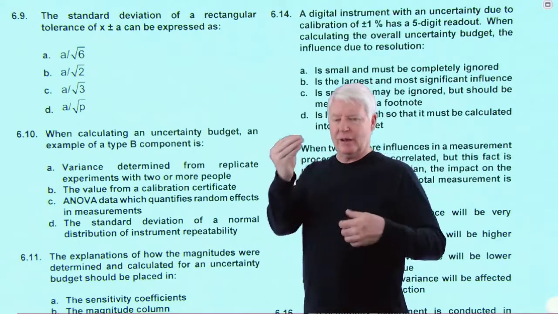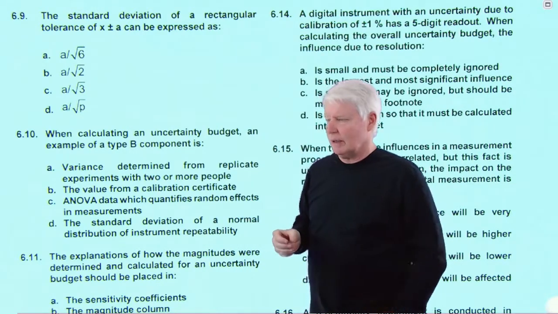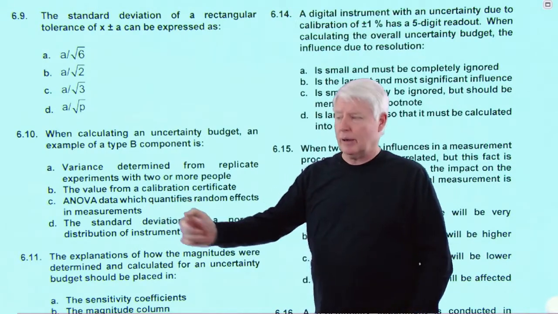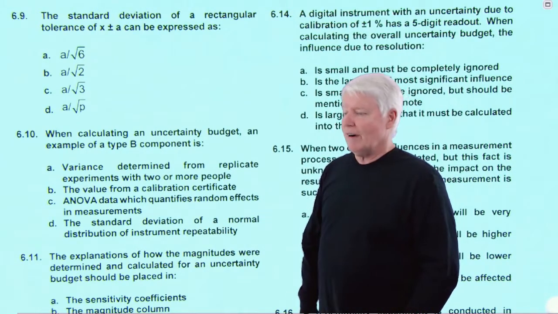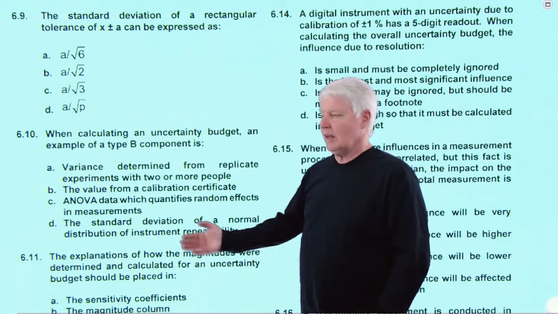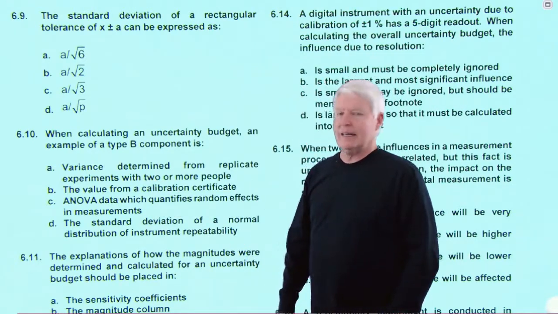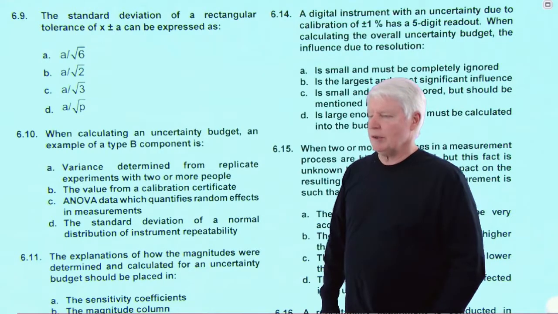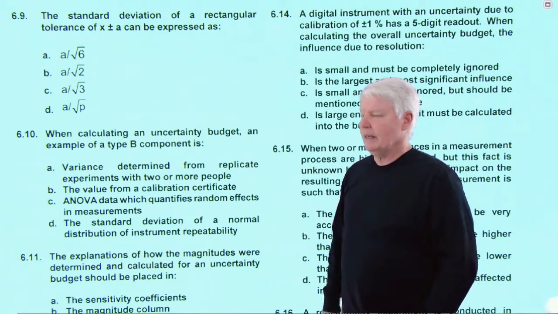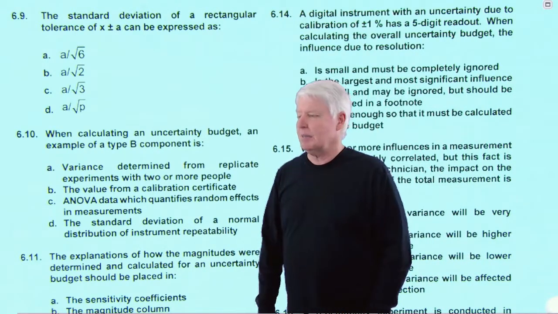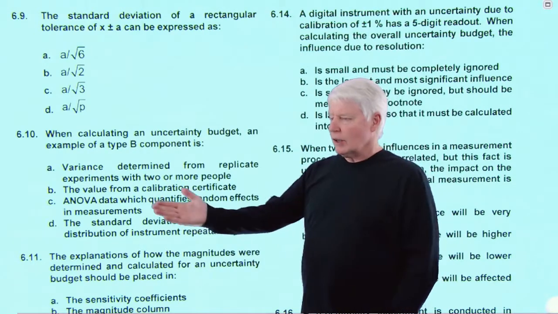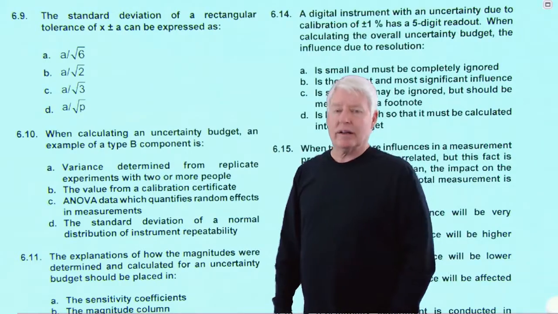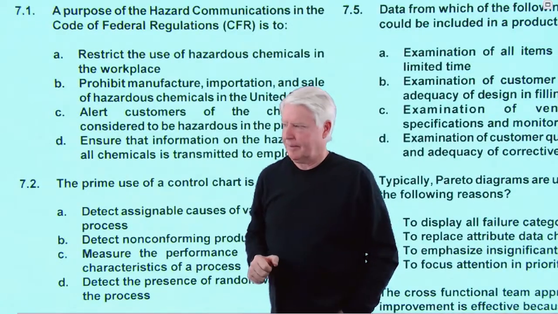Yeah, you find the value, you divide it by some square root number to get it, type B calculation. So B is going to be correct. ANOVA data, which quantifies random effects in measurements? No. ANOVA is definitely a type A. The standard deviation of a normal distribution of instrument repeatability? No, repeatability is usually a type A calculation. So the only one that can be type B is answer B. Let's move on to question 11.